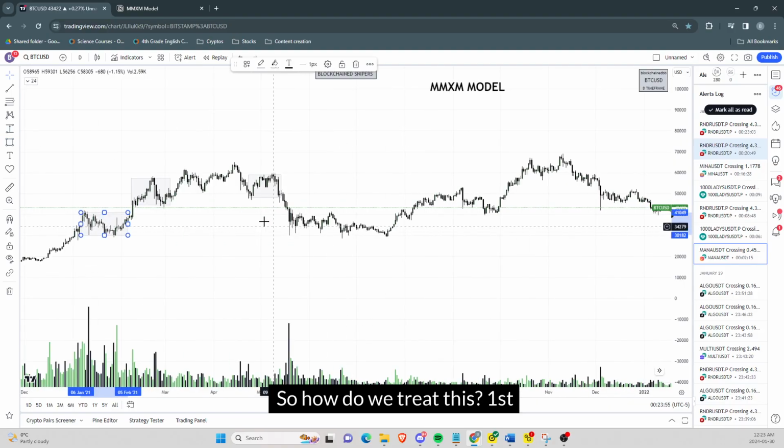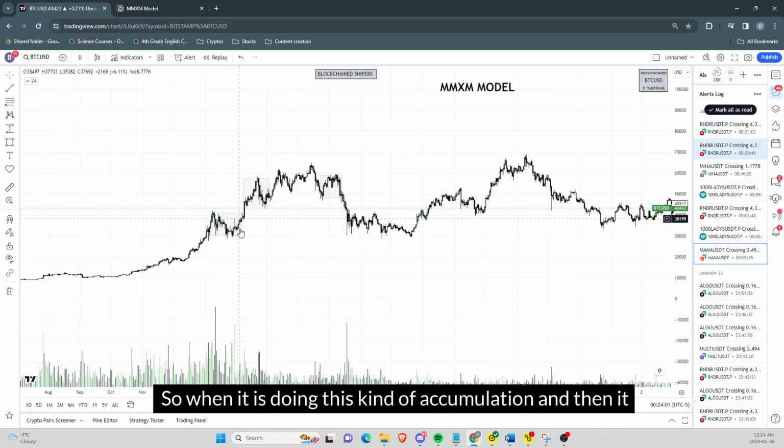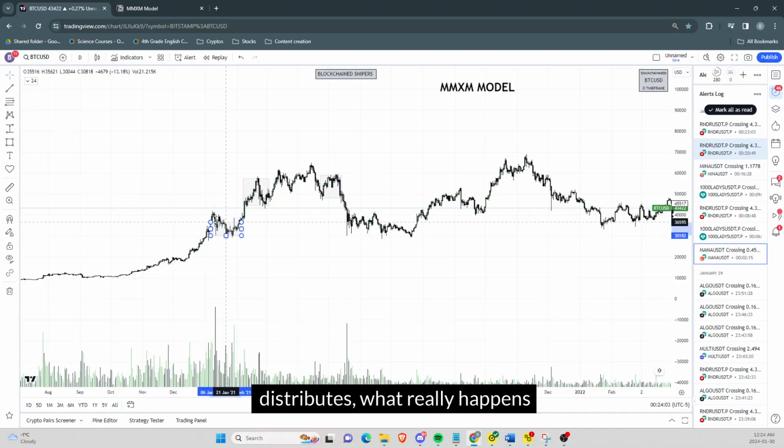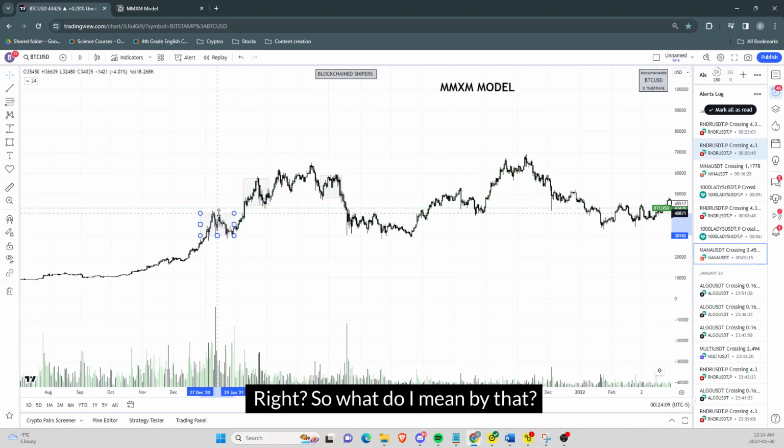So how do we trade this? First of all, you need to understand one thing. When it is doing this kind of accumulation and then it distributes, what really happens is that it is engineering liquidity, right? So what do I mean by that?